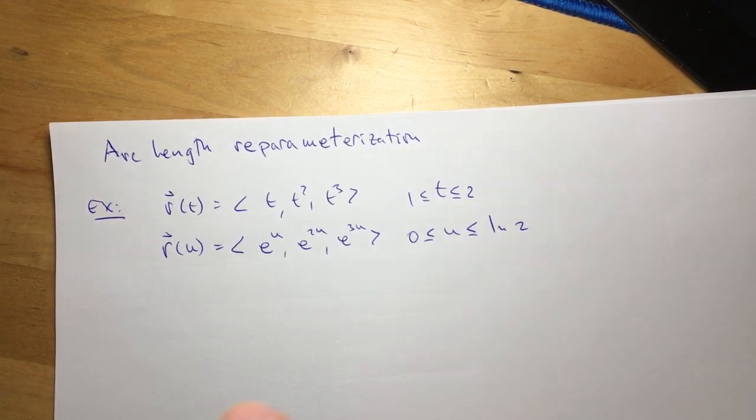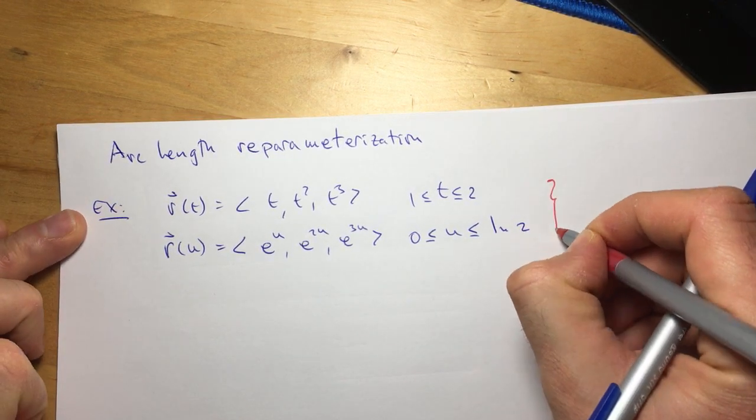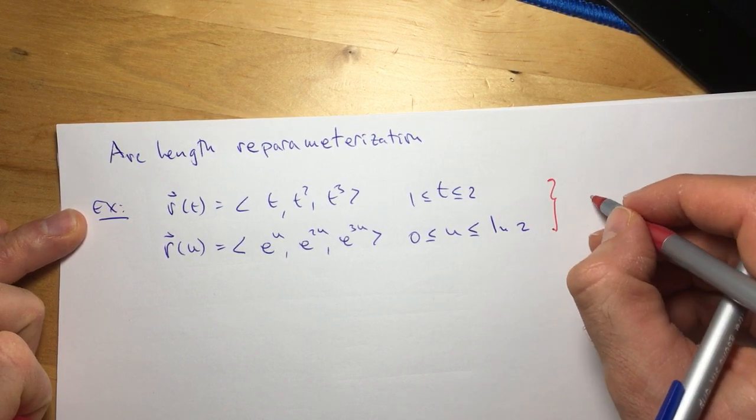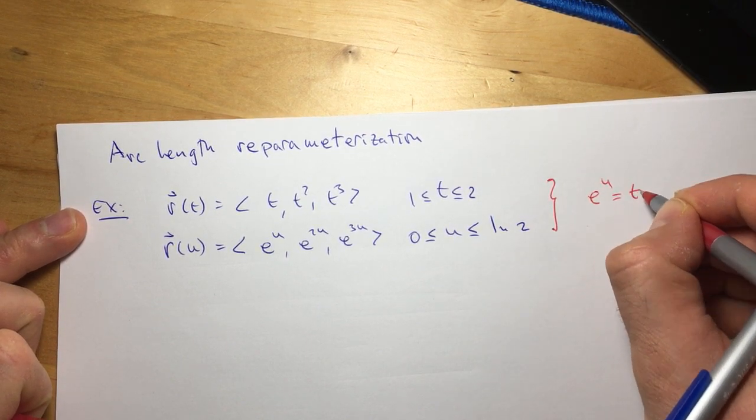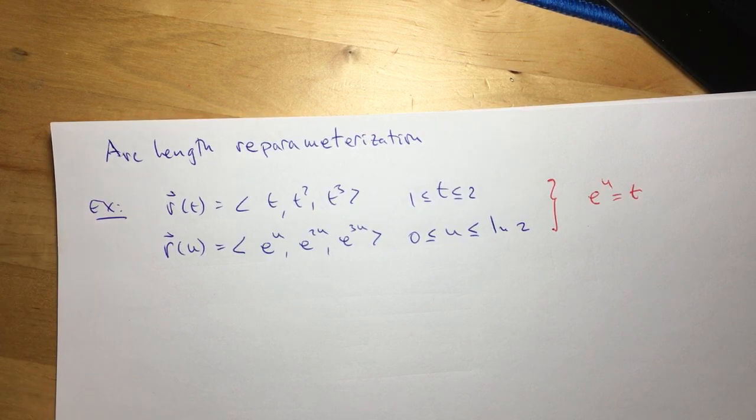So basically what we have done here is substitute e to the power u equal to t.